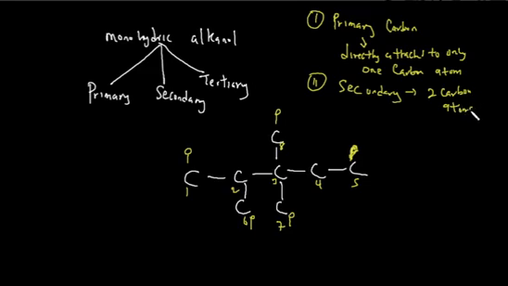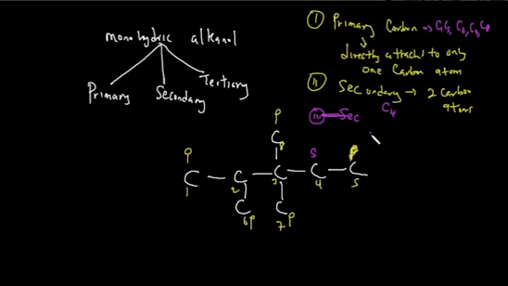Which of them is attached to two carbon atoms? 4. Correct. So C4 is secondary. Here, primary is C1, C5, C6, C7, and C8.